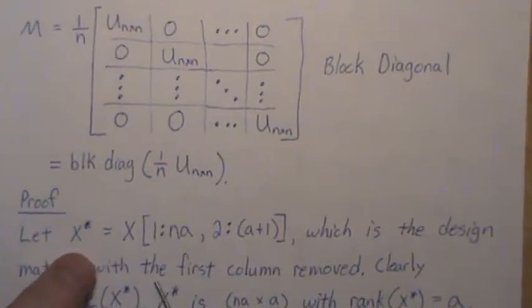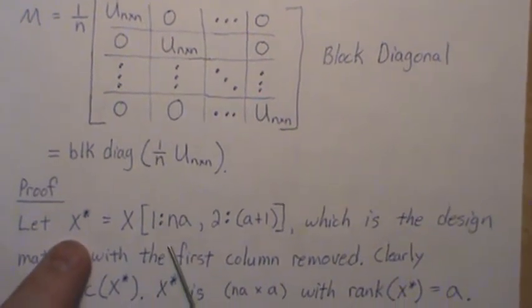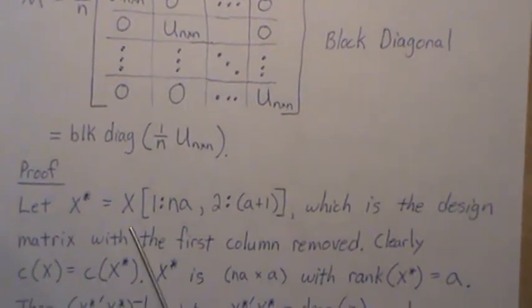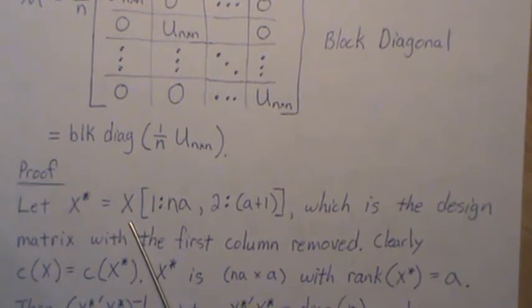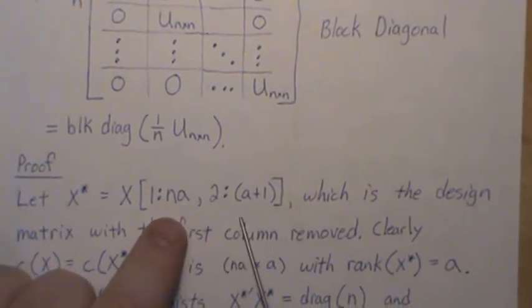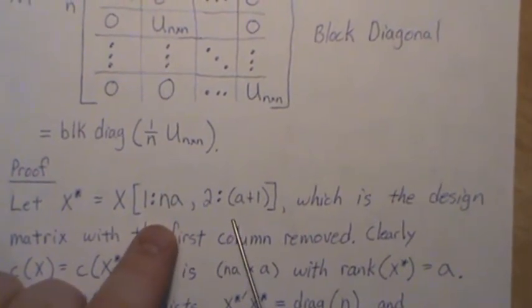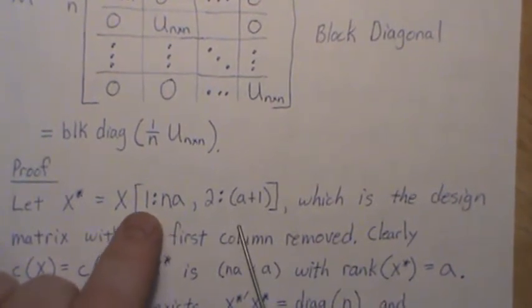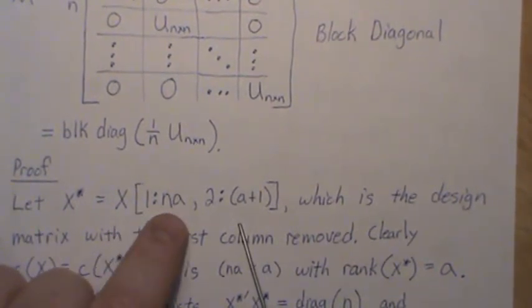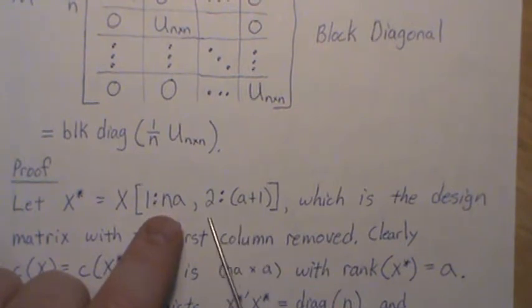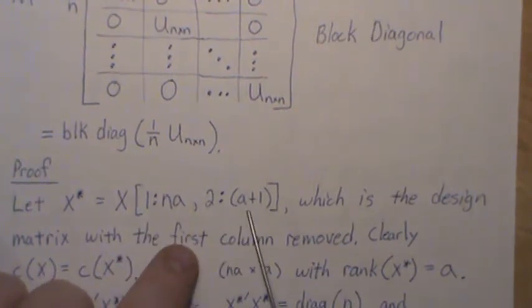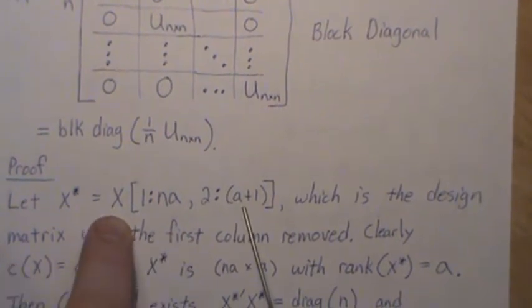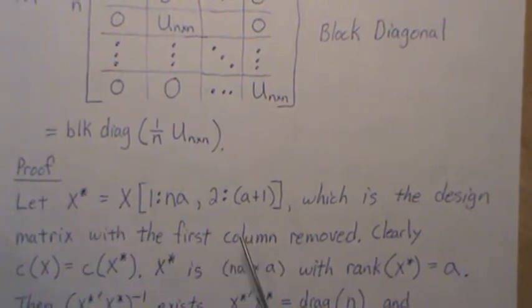So let's let X star be the design matrix without the first column. Now this notation here is actually using the R software notation. So we want all the rows from 1 to NA, so that's all of them, but we only want the columns from 2 to A plus 1. So really it's the design matrix with the first column picked off.